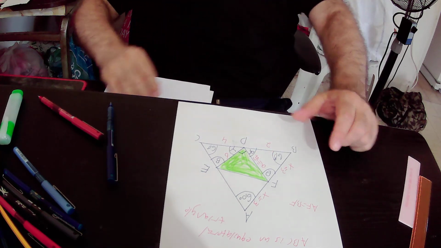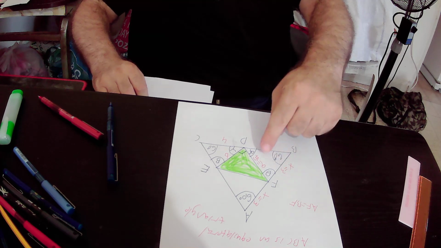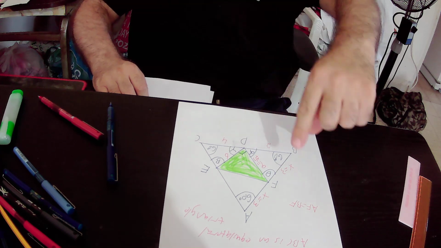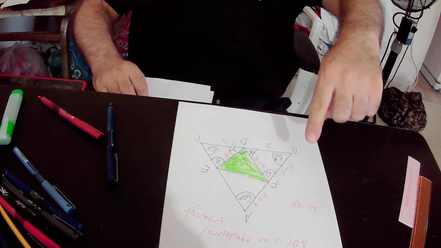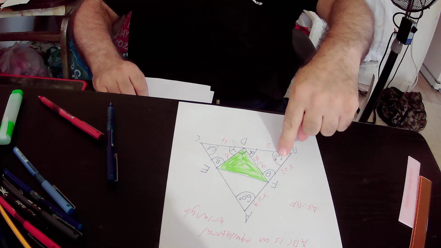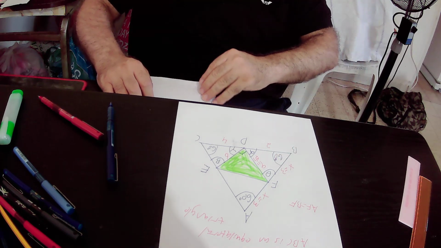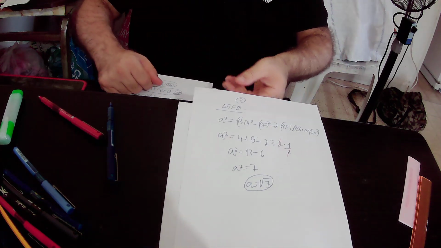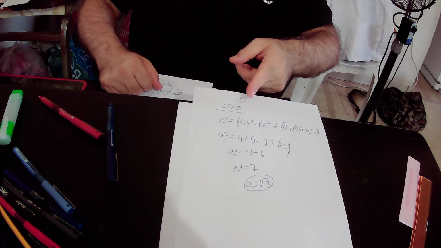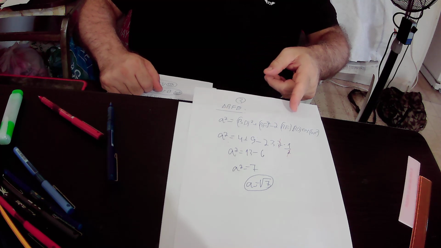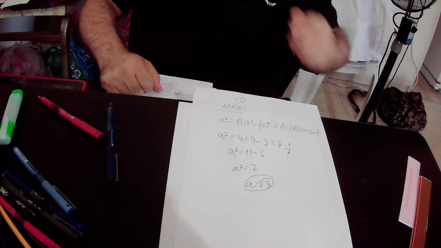And we can say that FD squared or A squared, because FD equals A, equals BD squared plus BF squared minus 2 times BD times BF cosine 60 degrees.